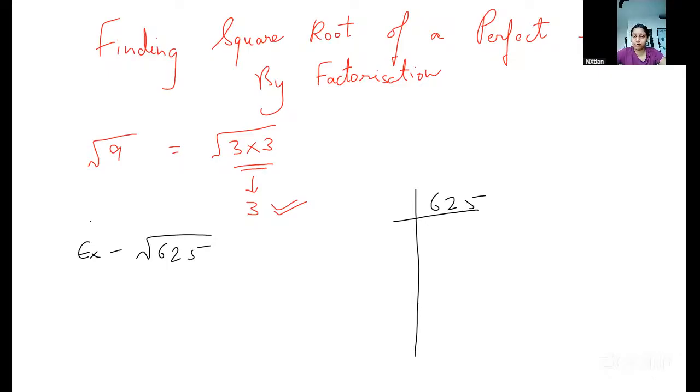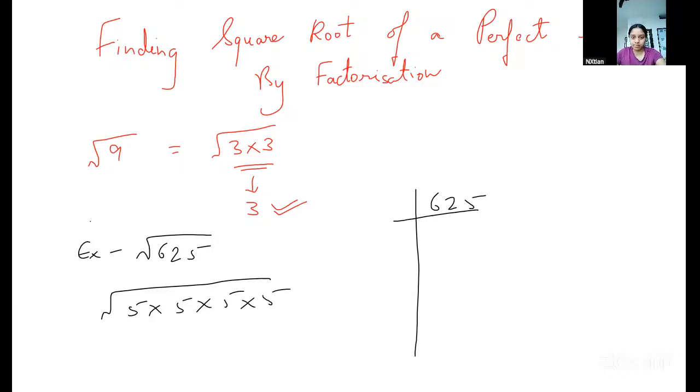Yeah, ma'am, the answer is 25. So the factors that we will be getting are four fives. Yeah, y'all are getting 5 into 5 into 5 into 5.